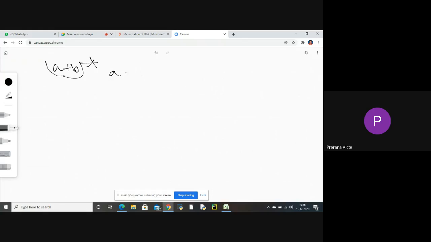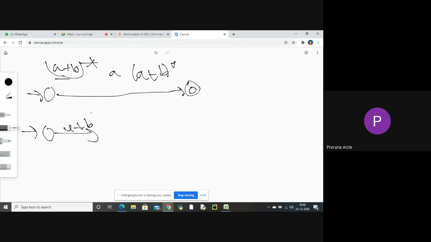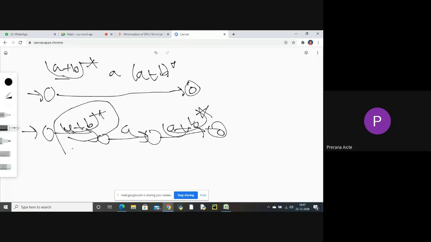(a plus b) whole star, (a plus b) whole star. This can be represented using states. So here we have three parts, so we need to divide this into (a plus b) whole star, a, (a plus b) whole star. Here, a star is nothing but a self loop.